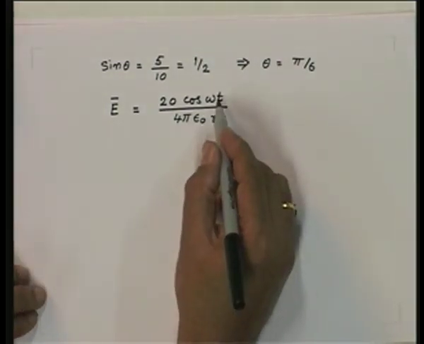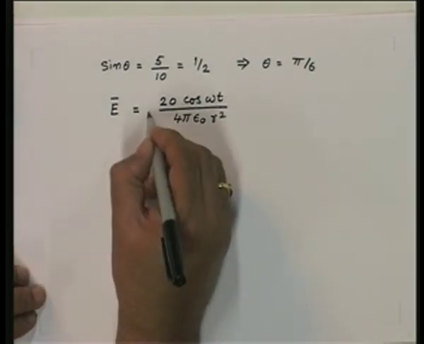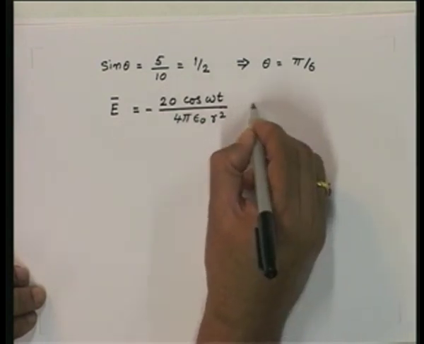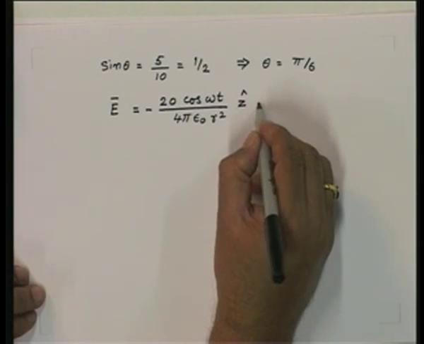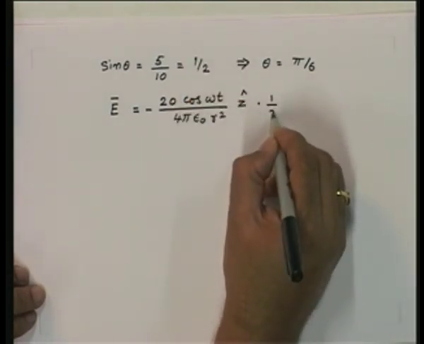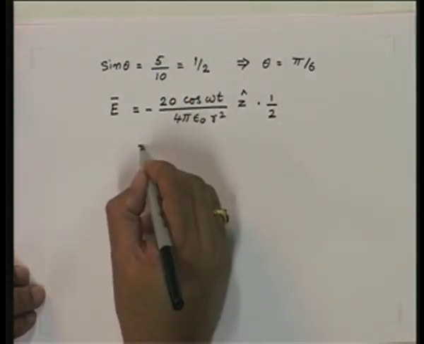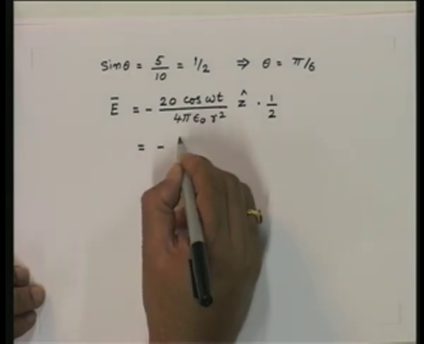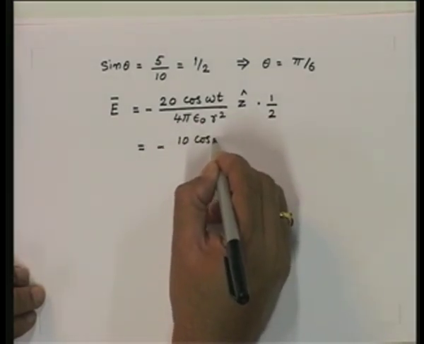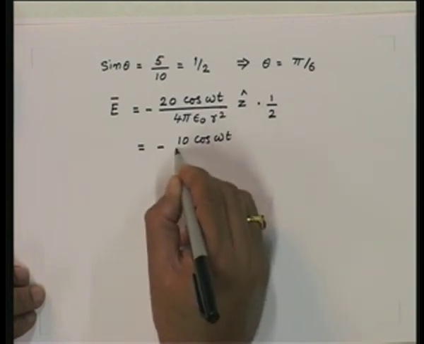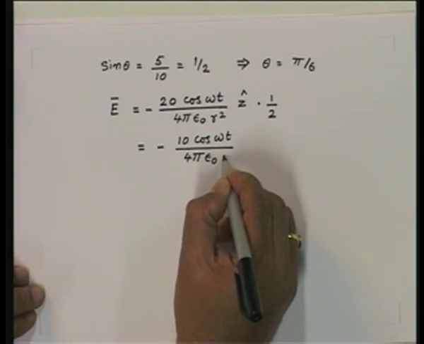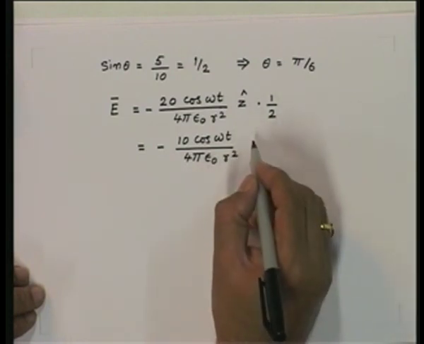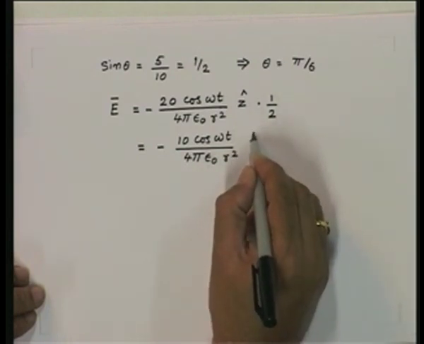And since this field is oriented in the negative z direction, I can put a negative sign here with z cap, multiplied by sine of theta, which is 1 by 2. So, we get the electric field which is minus 10 cos of omega t divided by 4 pi epsilon 0 r square z cap.